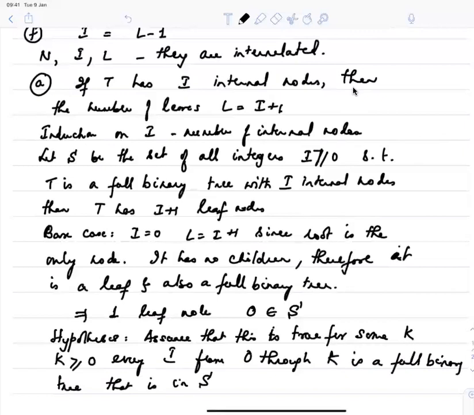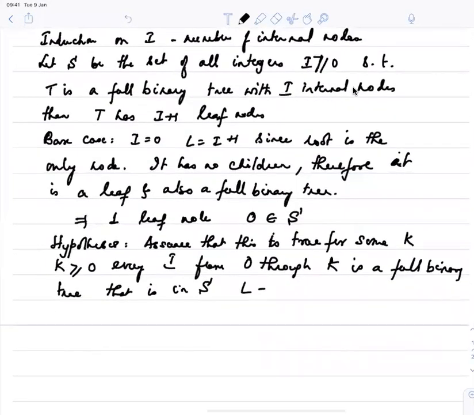S is the set of full binary trees which satisfy this property such that L equal to I plus 1. Okay.